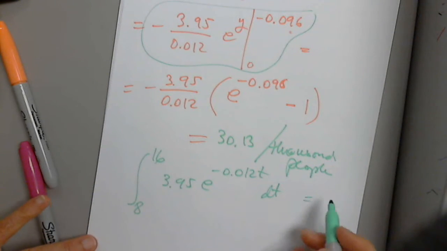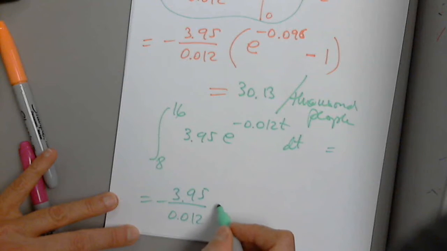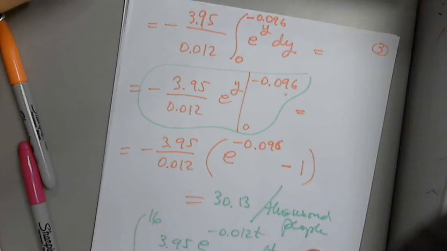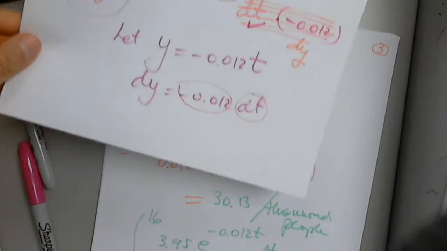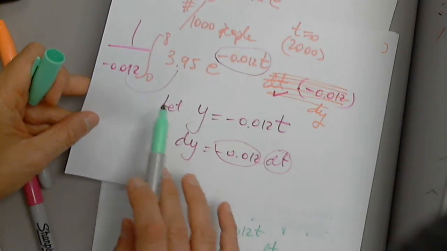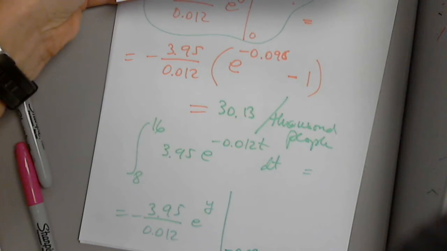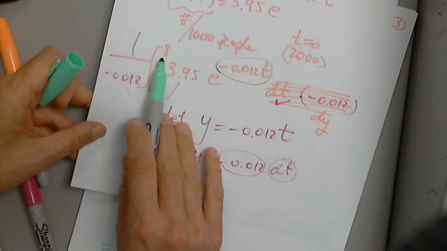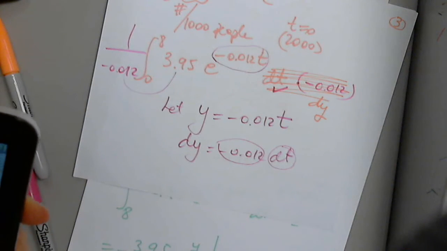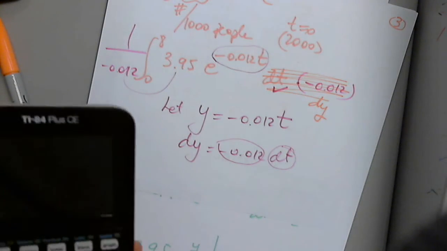This will be negative 3.95 over 0.012 e to y, but careful now. When t is 8, I already have the answer. It's the same thing, negative 0.096. But now when the upper limit is 16, I have to determine 0.012 times 16, and this is negative 0.192.